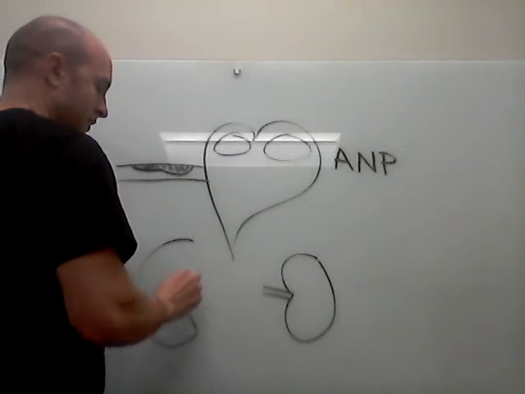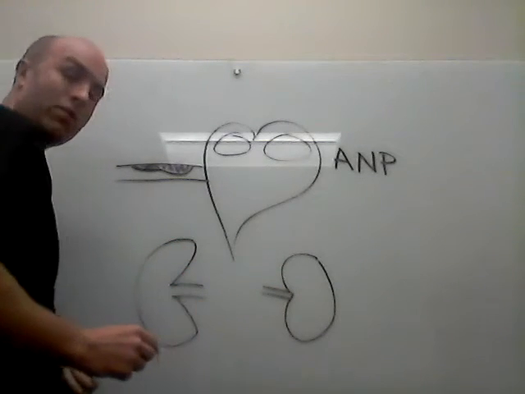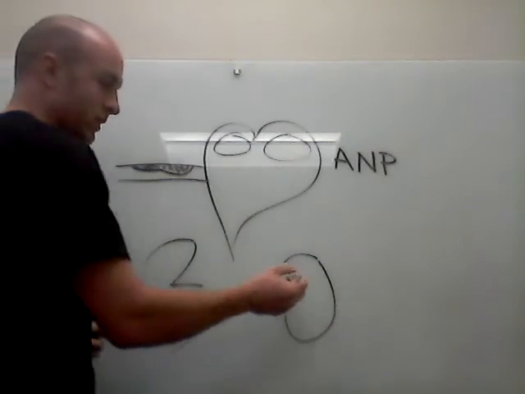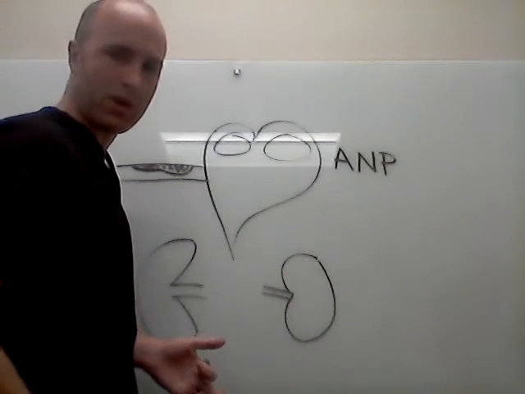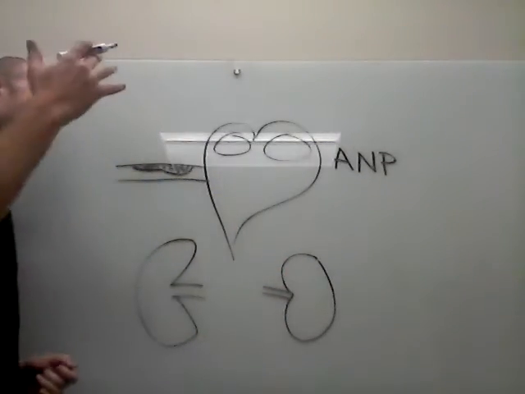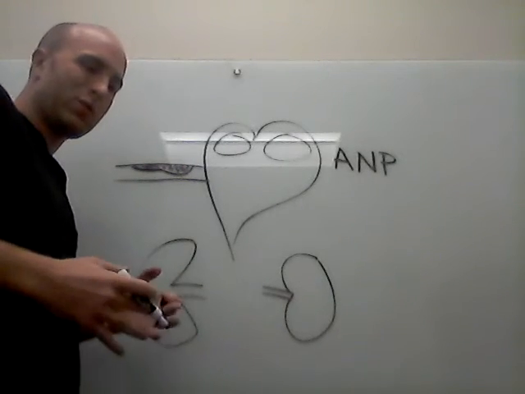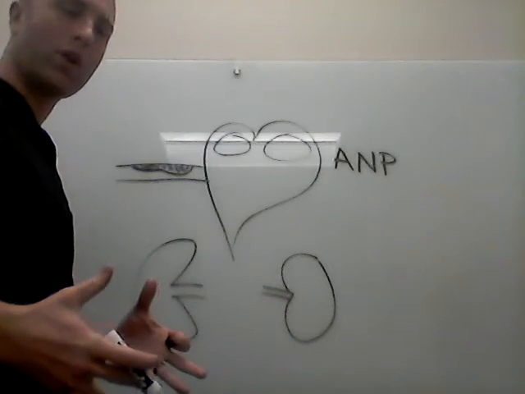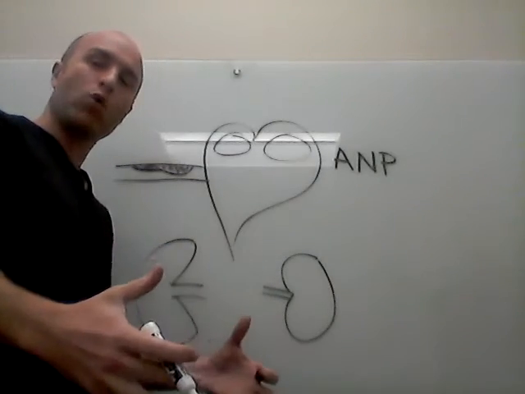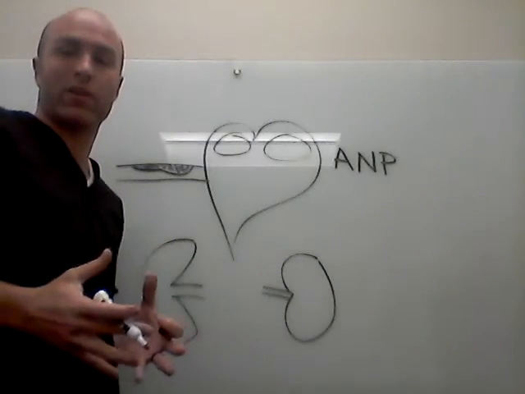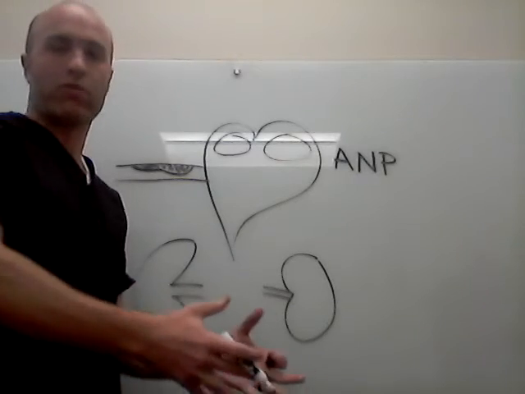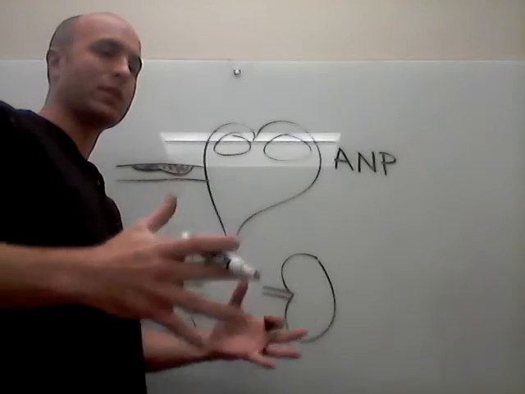And it tells the juxtaglomerular apparatus, which I'm not going to go into, hopefully you already know about it, to basically do something that results in your body retaining water. It holds on to salt. Water follows salt. And so your body retains the water.